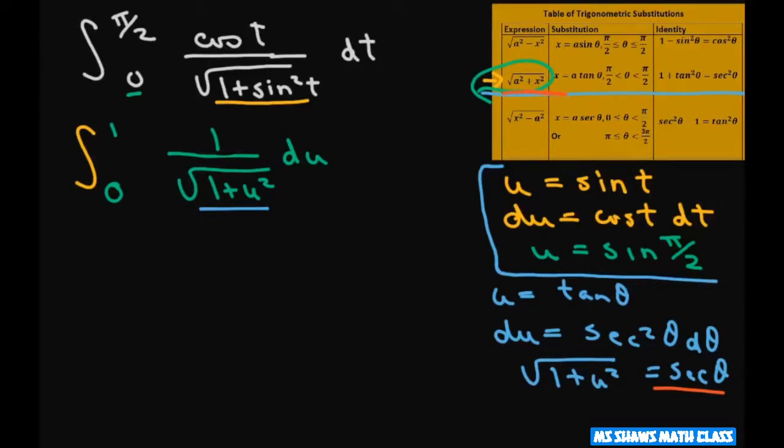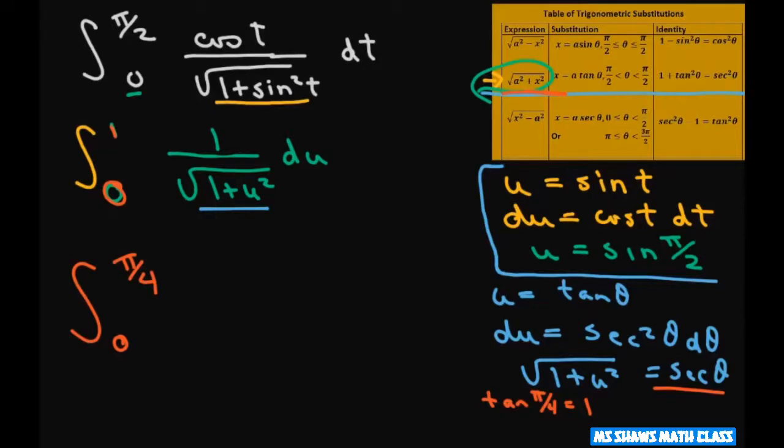All right, now let's go ahead and substitute back in our 0 and 1. So when u is 0, we're still going to get 0, but when u is 1, that's going to be pi divided by 4, because tan of pi divided by 4 equals 1.